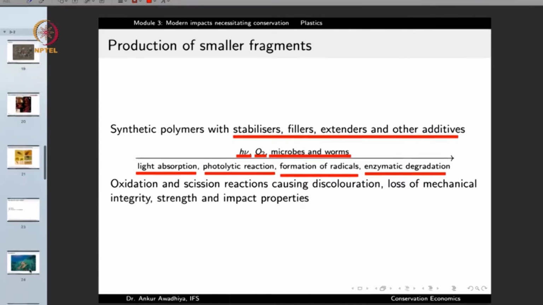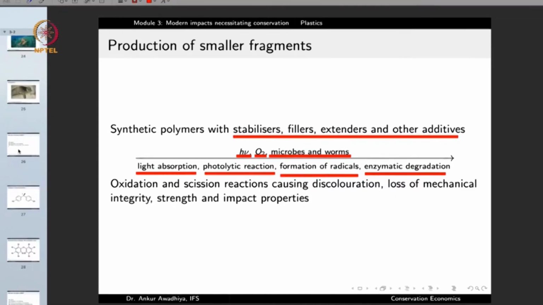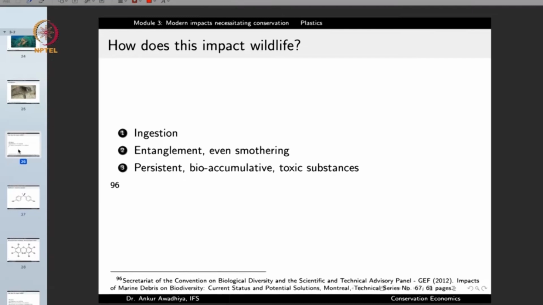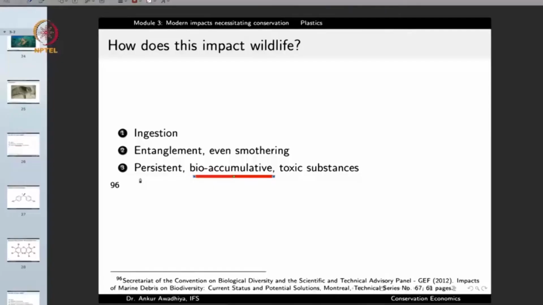So another way in which plastics impact biodiversity is through the persistent, bioaccumulative and toxic substances. Bioaccumulative means that these substances will accumulate in the bodies of organisms, typically in the fat layer that is there in the bodies. Because they are organic chemicals, they can easily get dissolved in fat, and so they will accumulate in the fat bodies.